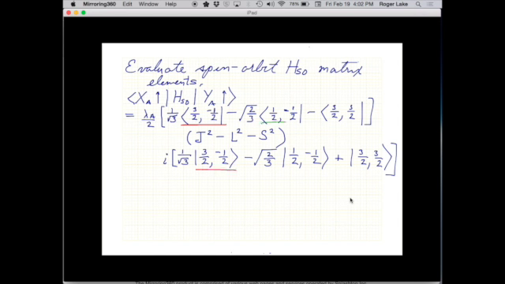Similarly, this bra will only have a matrix element with this ket. And finally, this bra will only have a matrix element with this ket, because in this basis all these operators are diagonal, and this is an orthonormal basis.